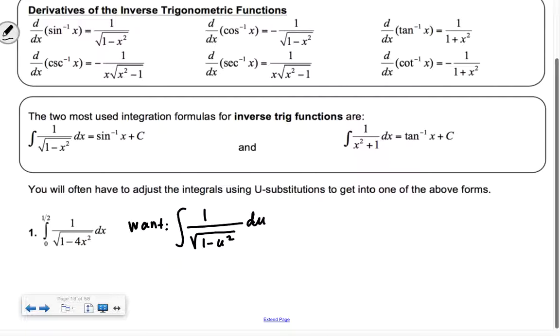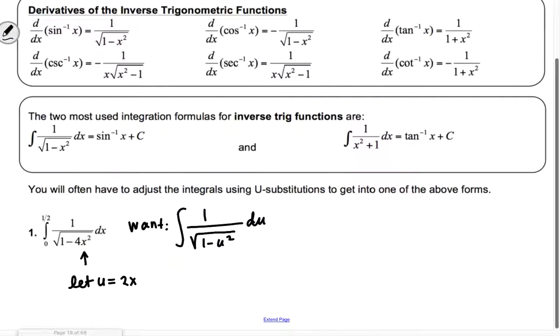If I'm trying to get it in the form of the square root of 1 minus u squared, what am I letting my u equal? To what? 2x. Does everybody see that? Because that is 1 minus, in parentheses, 2x squared. Do you see it? This is 1 minus 2x in parentheses squared, like that. That's what we have there. So that's why we're letting our u be 2x.